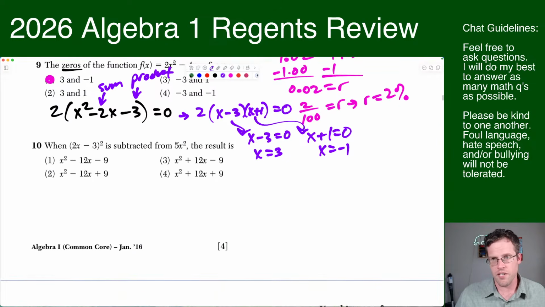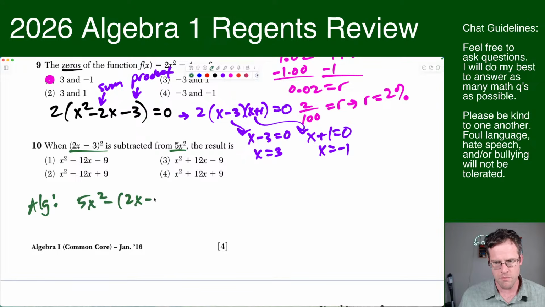All right, 10 is another example of calculator. But this one I'll show algebra first, and then I'll show calculator magic. So when this is subtracted from 5x squared, we're doing 5x squared minus (2x minus 3) squared. For something like this, I recommend you go on a side quest.